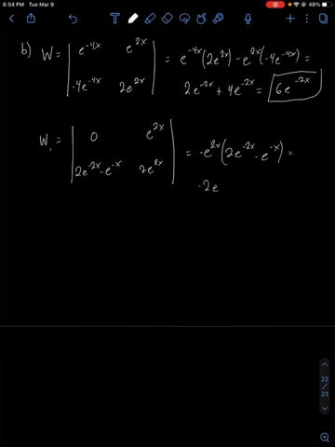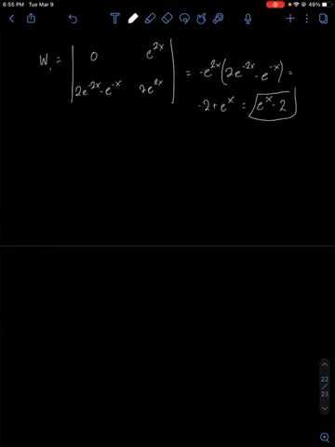which turns out to be minus 2e to the 0, which is just 1, and then plus e to the x. So I'm just going to flip it around, e to the x minus 2. That's the Wronskian 1.